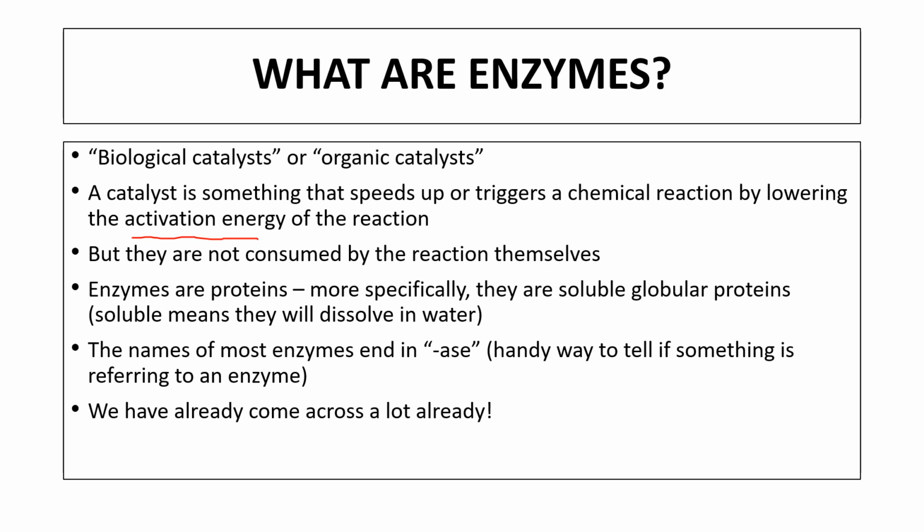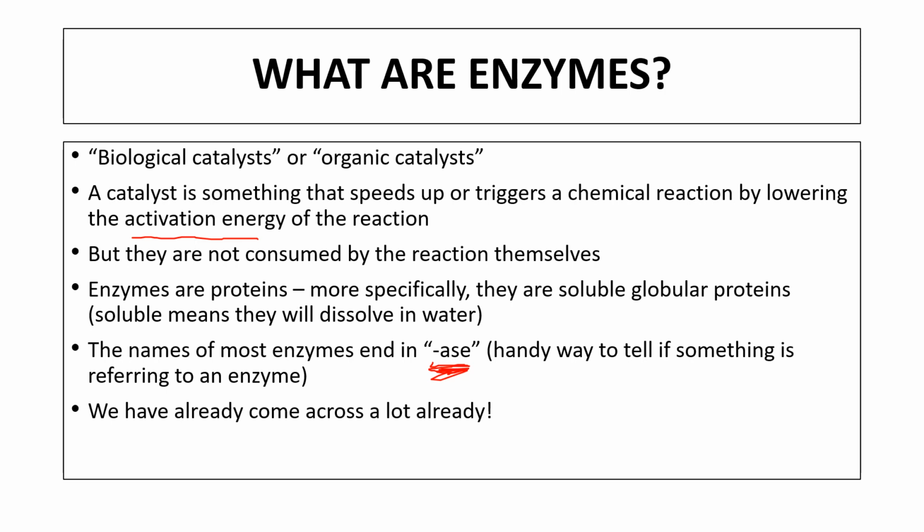They are proteins, like we said, and they are specifically cellular globular proteins, which basically means that they can dissolve in water, and globular is just referring to their shape, which we'll look at in a second. This is a really important point here. So the names of most enzymes end in -ase. Okay, we've looked at this, DNA polymerase, RNA polymerase. So a lot of them, or most of them, end in the word -ase.